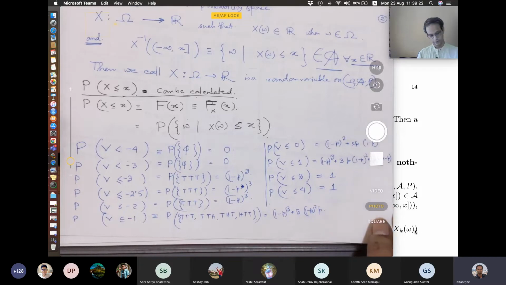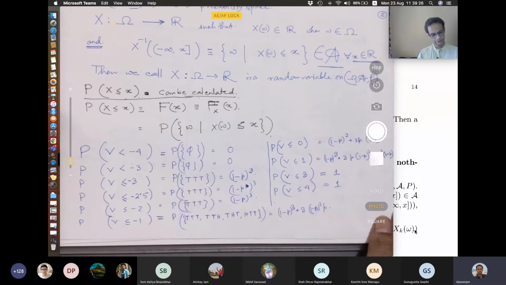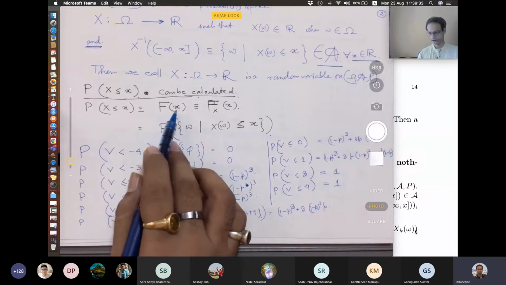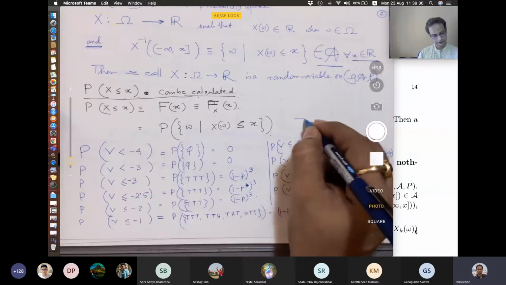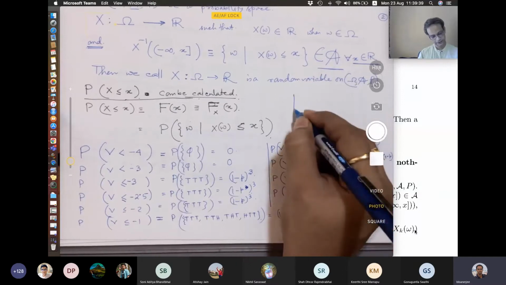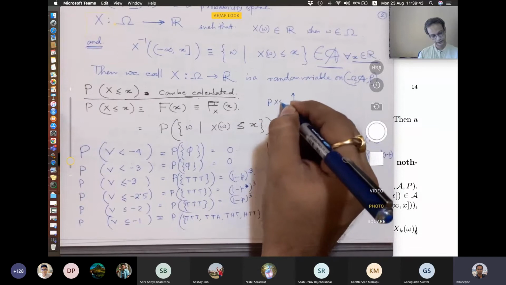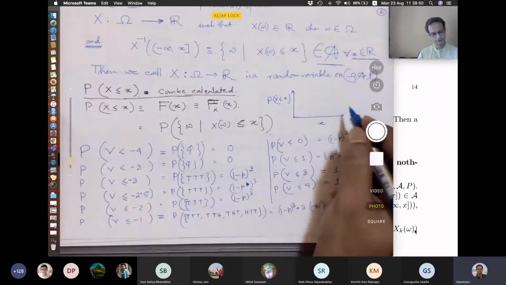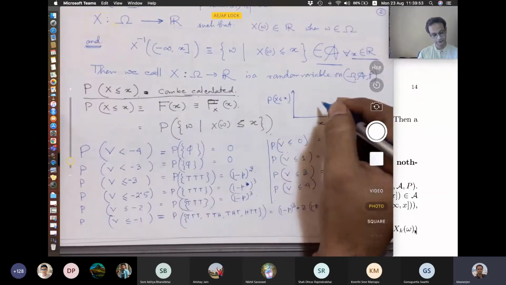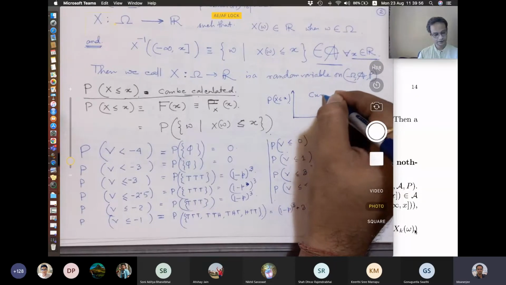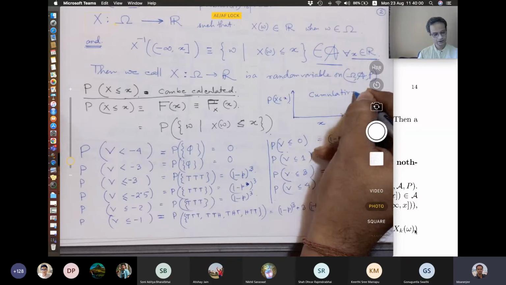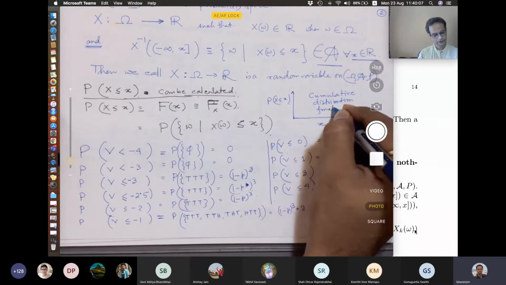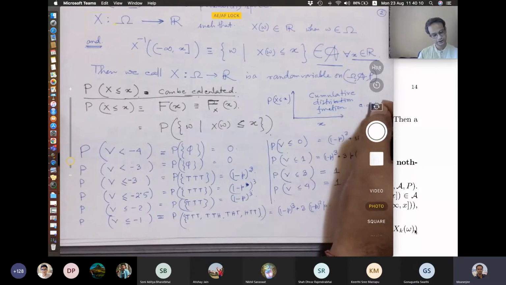Now, if you plot this function, probability X less than or equal to small x, where x belongs to the real line, with x on this axis and probability X less than or equal to small x on this axis, whatever function you plot from here is known as the cumulative distribution function, in short CDF.